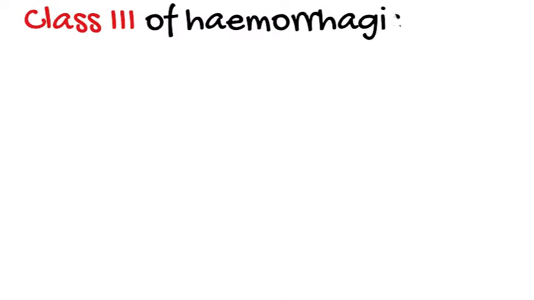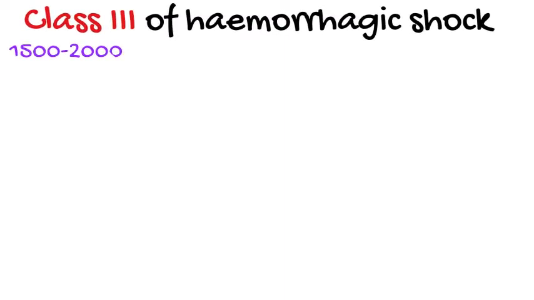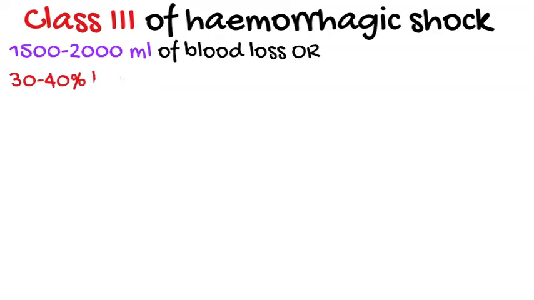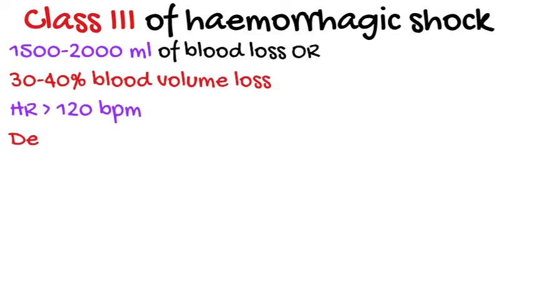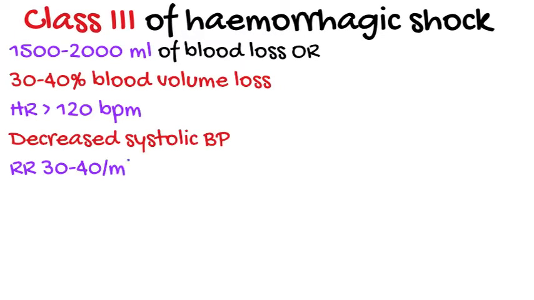In class 3 of hemorrhagic shock, the patient loses around 1,500 to 2,000 ml of blood, or 30 to 40% of blood volume. The heart rate would be more than 120 beats per minute with a decrease in systolic blood pressure.